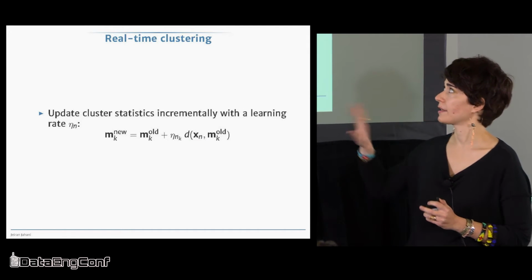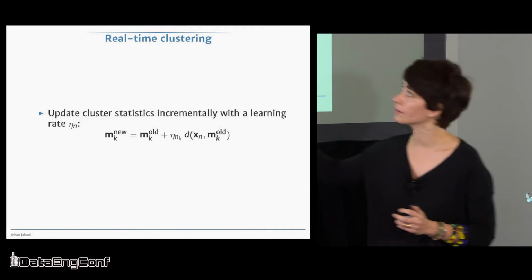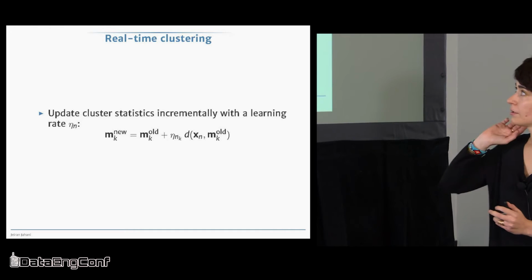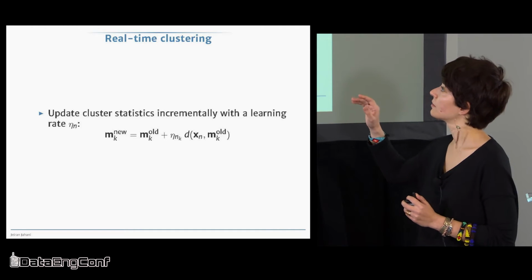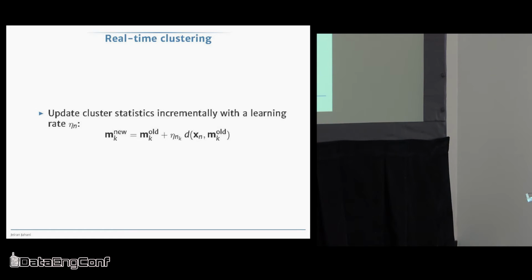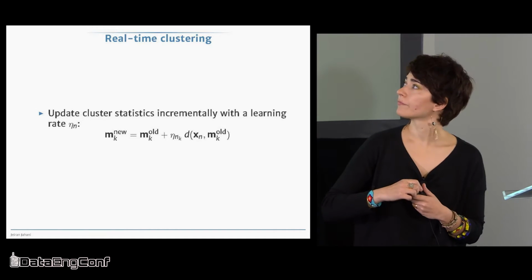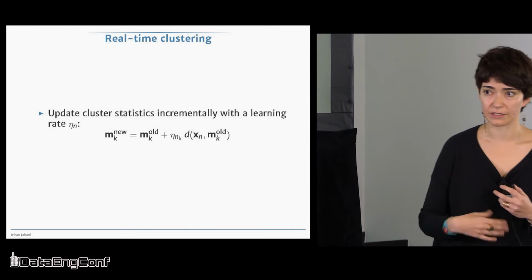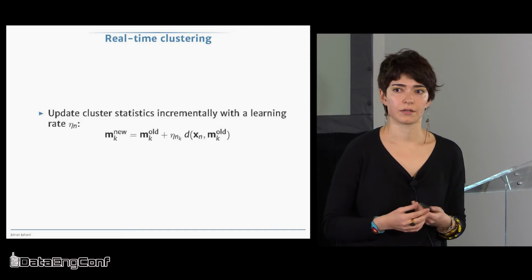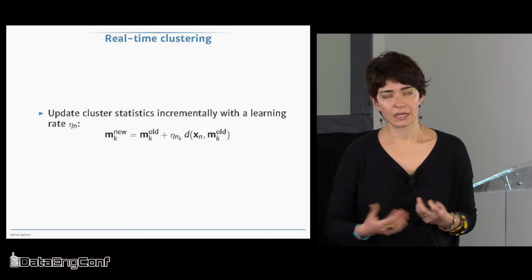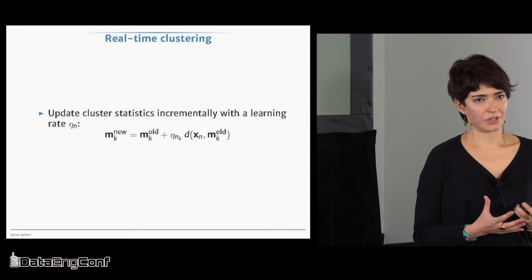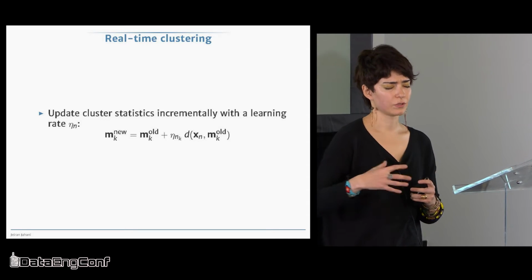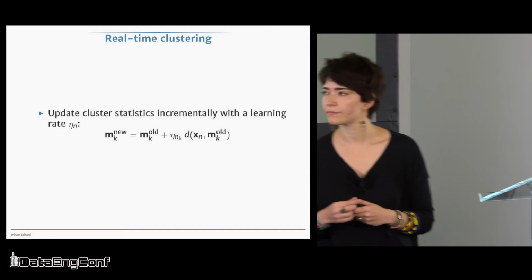Let's say you've added your nth new document, xn, to this cluster. You update your old cluster using a learning rate. That is, there should be subscript k over there. Yes, so you let this learning rate drop and decrease as new articles are being added to the cluster, with the rationale that you want the story cluster to solidify around that story, and you don't want to let it grow indefinitely.